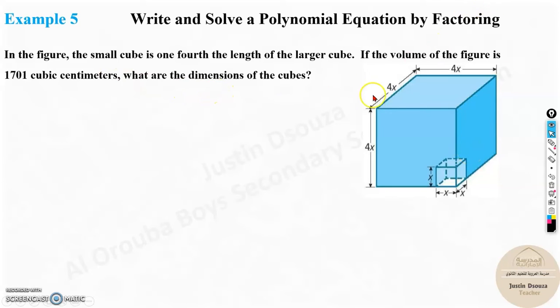Now we need to know the dimensions x, the length and width. They have told this figure is 1701. Look, this is the hollow space which is removed. This is not there, okay? So all the shaded region, blue, all this part is the cube. This small portion is hollow, that is not included.